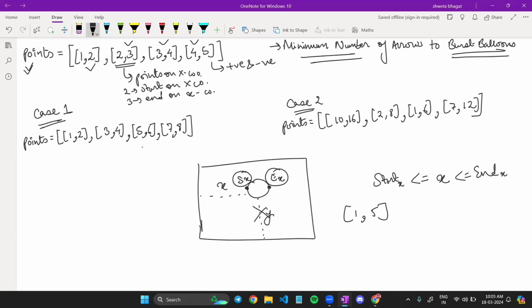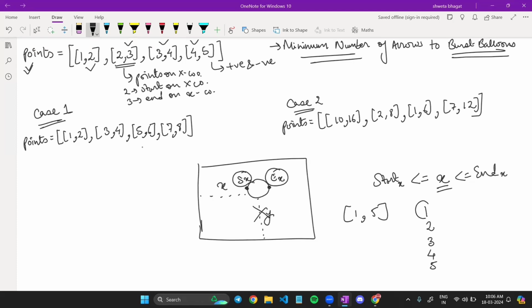What does this 1, 5 mean? This 1 is the starting point of the balloon on the x coordinate and this 5 is the ending point of the balloon on the x coordinate. Now I want to find where I should shoot the balloon. I can shoot the balloon at point 1, at point 2, at point 3, at point 4 and at point 5.